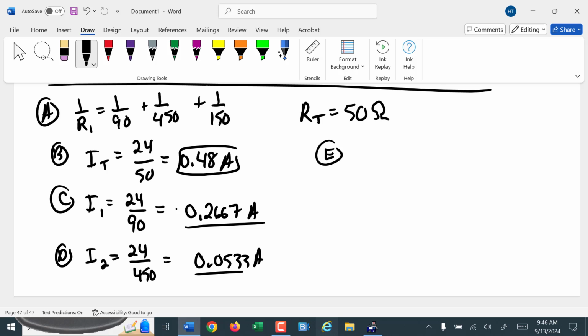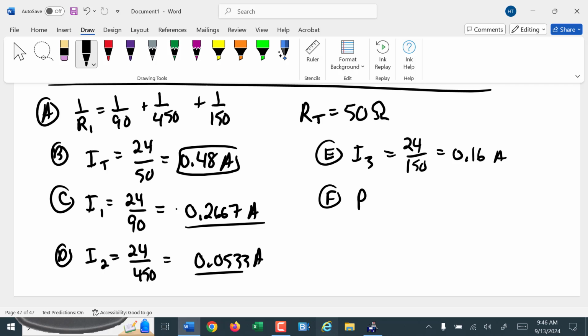And then I3, the current through the third resistor, is just still the 24 volts over the 150 ohms, which is what, 0.16 amps.